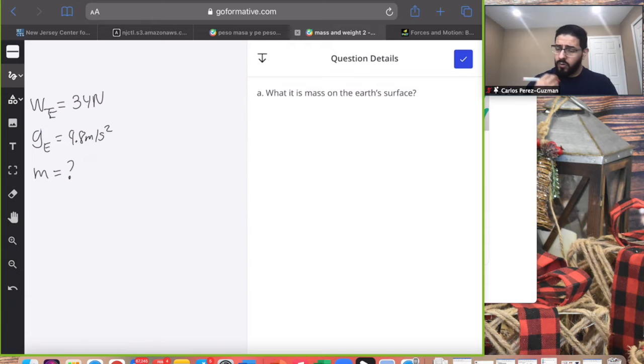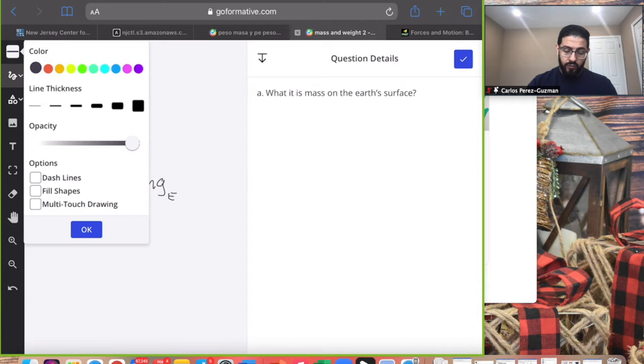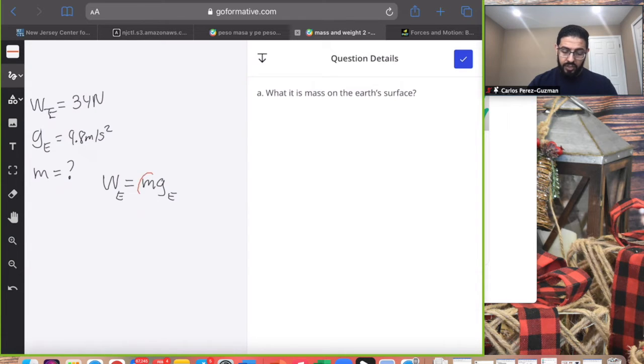Using the same equation that we have been using, the equation of weight, W is equal to mass times gravity, but remember, this is the weight on Earth, so we write E at the bottom. If we want to find the mass, we need to isolate it. We need to leave the M alone. The only way that we can do this is canceling the gravity, that means we're going to divide by gravity.